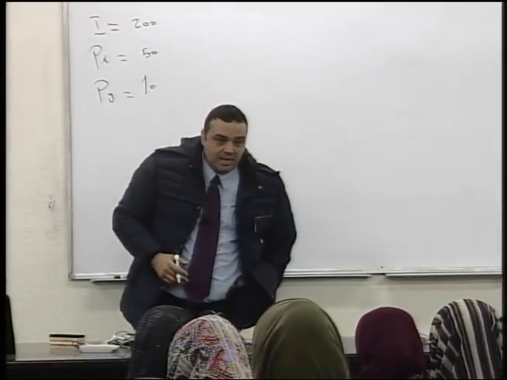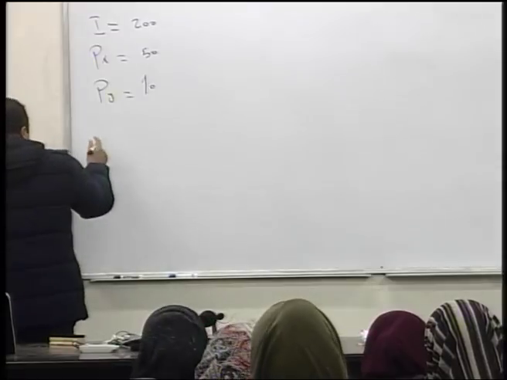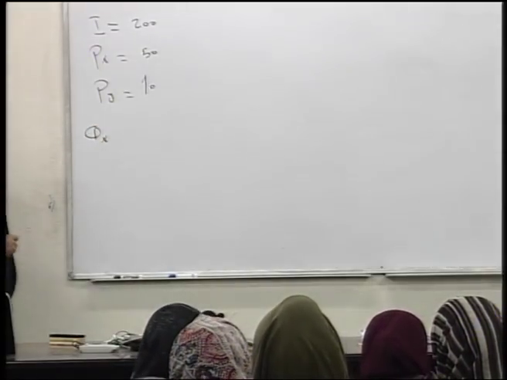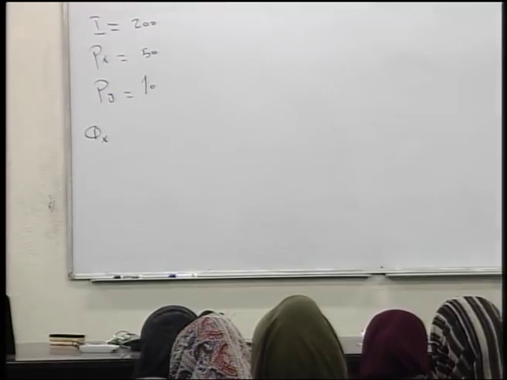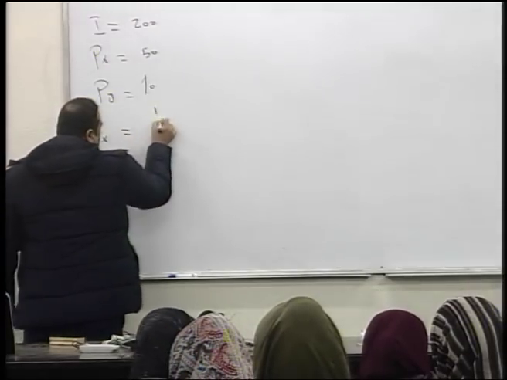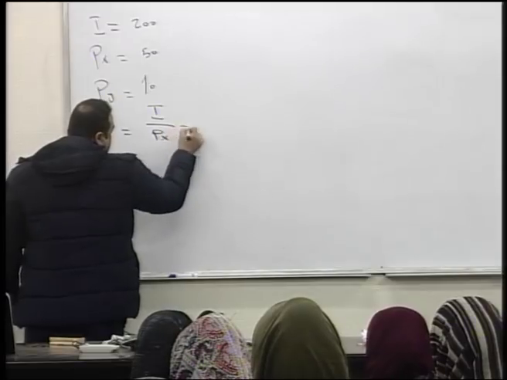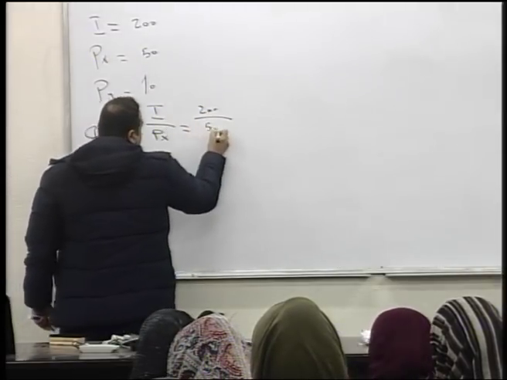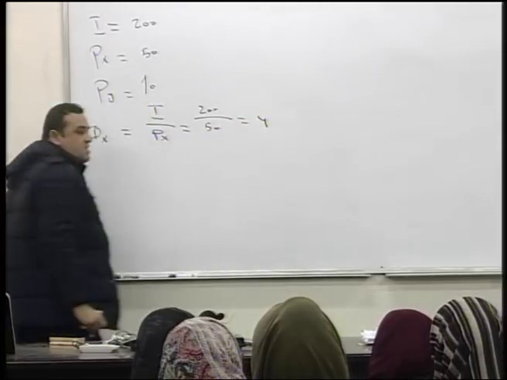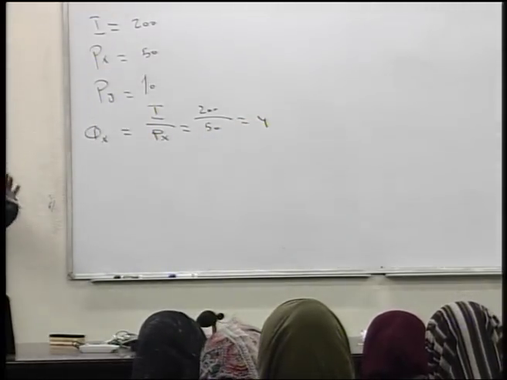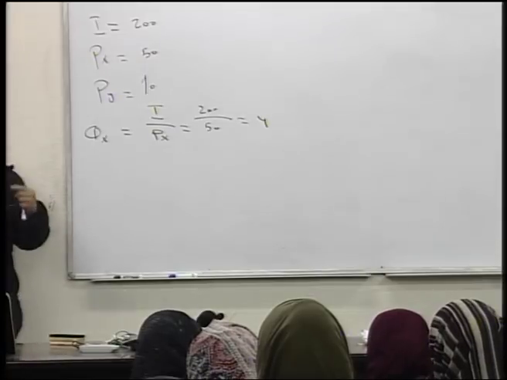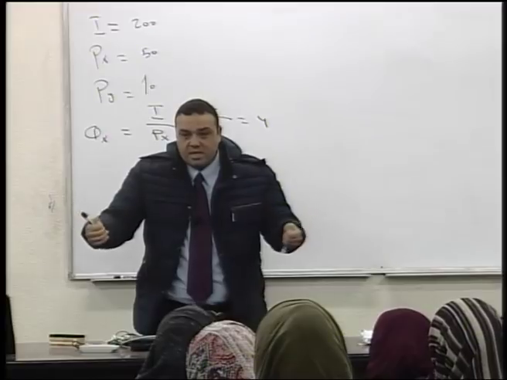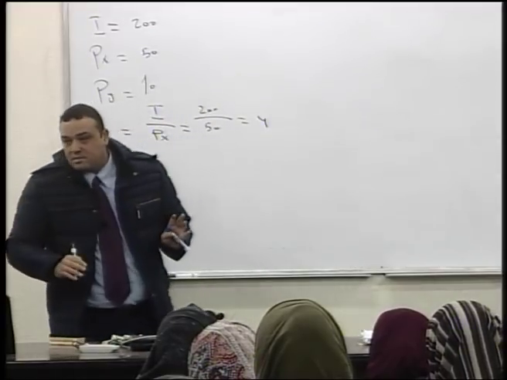To derive the budget line, we said that we have to calculate the quantity consumed of X when we consume 0 units of Y. So the quantity of X equals income over the price of X. So income 200 over price of X 50 equals 4 units, and 0 from Y, because in this case the consumer uses his or her income to buy only X, right?